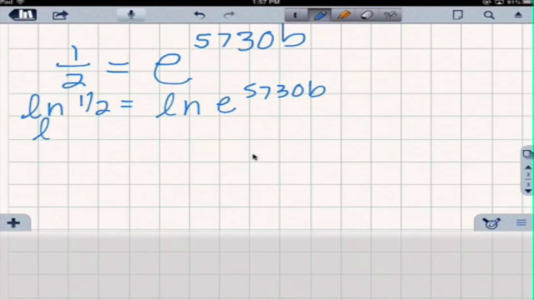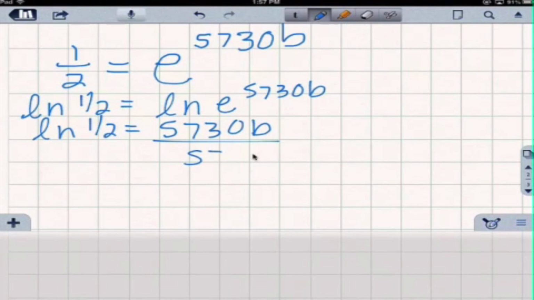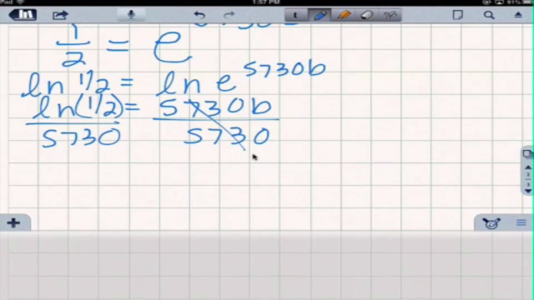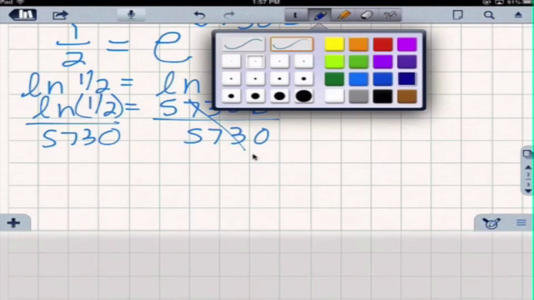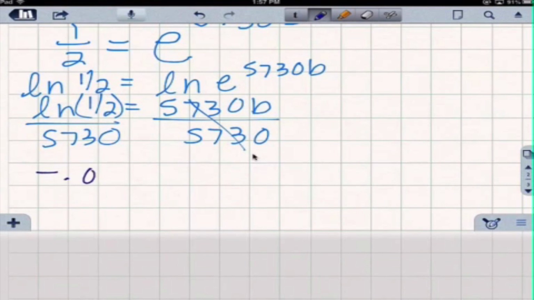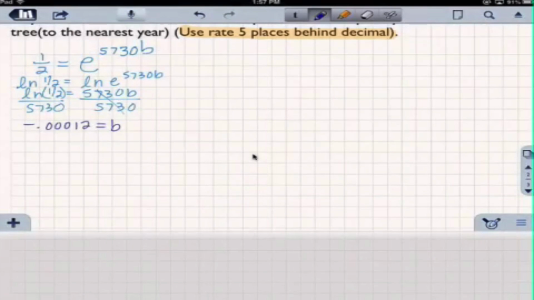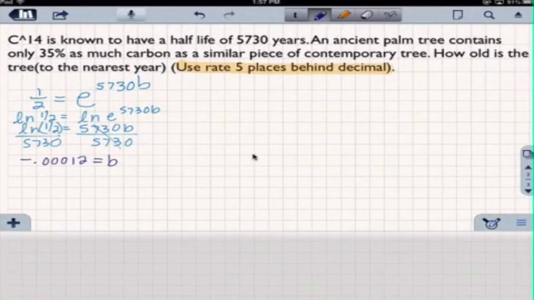I can move my exponent out in front, and I know ln of e is equal to 1. So I would divide both sides by 5,730. I get a really long decimal, but it does tell us to use our rate to 5 places behind the decimal point. So I get the rate is negative 0.00012. So I do need to round to whatever they're telling me. If I don't, I'm not going to get the same answer.